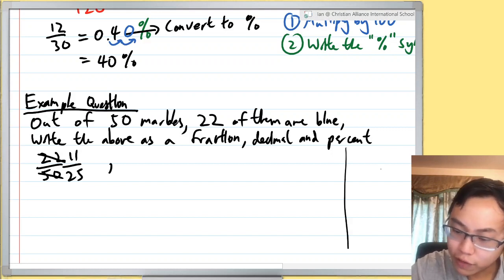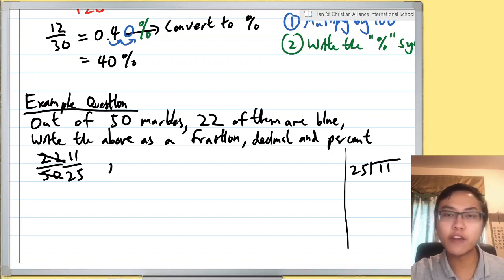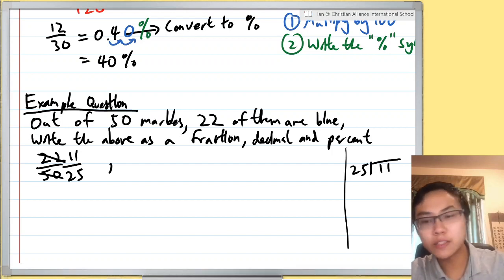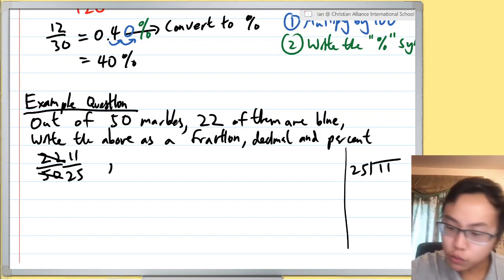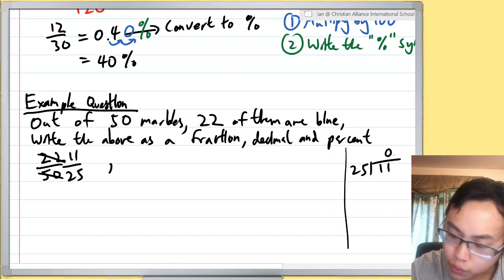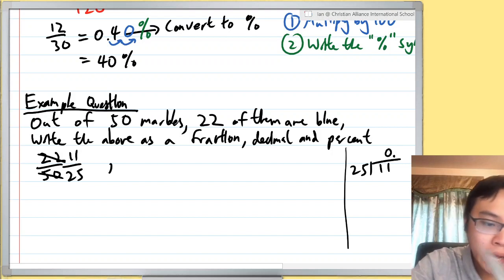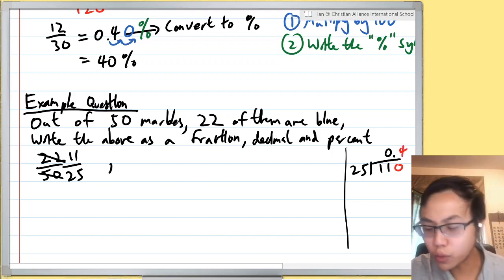We're going to have 11 divided by 25, and 25 doesn't go into 11. It never will. Fractions, decimals and percents are always going to be less than 1, and so the outside number will always be bigger than the inside number when dividing. And so 25 doesn't go into 11, so we're going to do 0 point, and we're going to add a 0 over here, and now 25 is going to go 4 times into that 110.